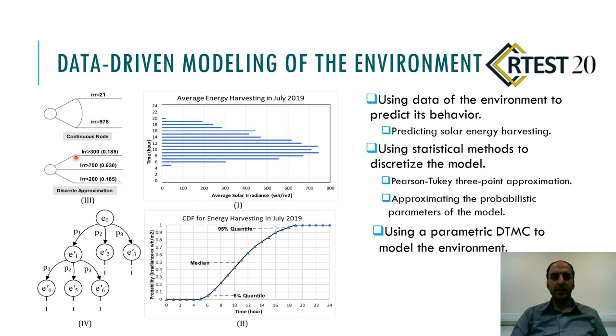Using the Pearson-Tukey 3-point approximation technique, we discretize the continuous variable of energy harvesting to 3 points including 5%, median, and 95% quantiles. By doing that in 3 consecutive steps, we can achieve a DTMC that proactively models the behavior of the environment.